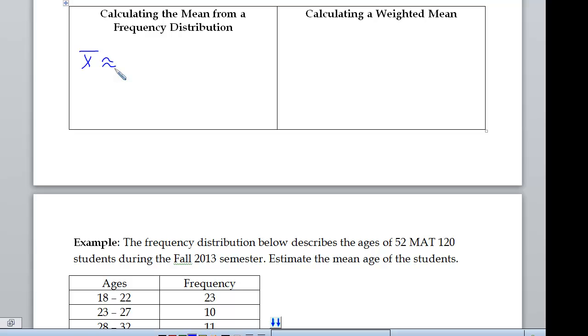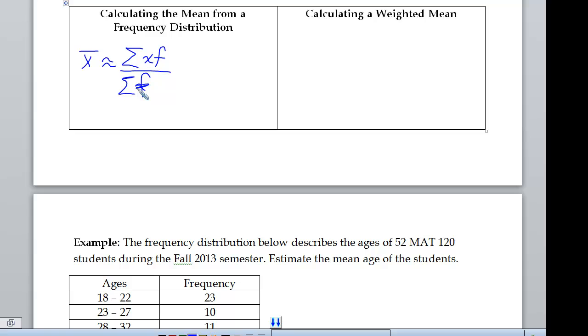We'll talk about that in a minute. But x bar is approximately the summation of x times f divided by the summation of f. That's going to be our formula for calculating the mean from a frequency distribution.